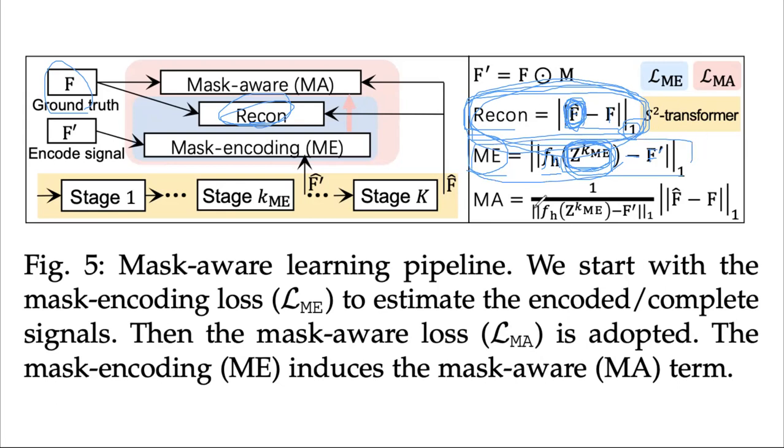And the last one would be the mask-aware loss. This one is the reconstruction loss, and here MA is such that if some pixel is close to the coded measurement, then it should be close to 0.